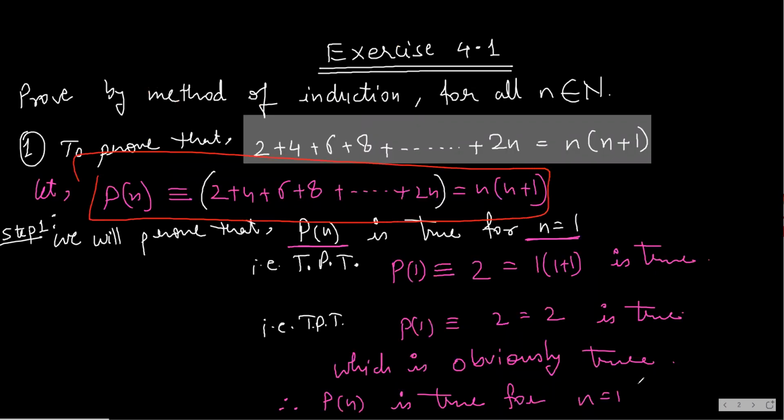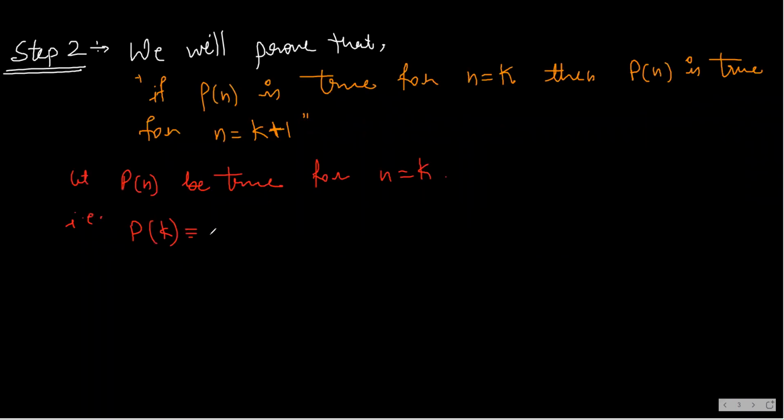So P of k, which is 2 plus 4 plus 6 plus 8 plus dot dot dot plus 2k is equal to k into k plus 1, is true.